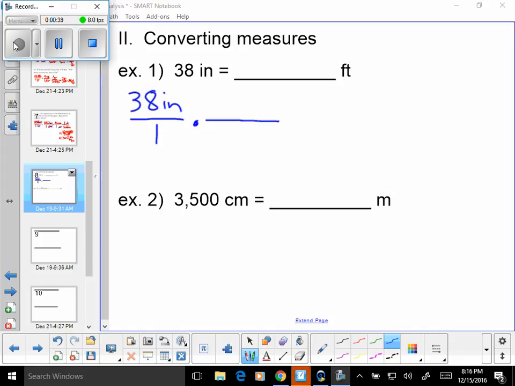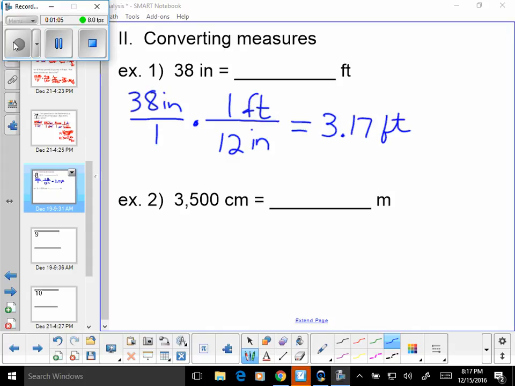And if I am going to cancel or undo the inch, I'm going to want it in a denominator position. So 1 foot is 12 inches. 38 divided by 12, we round off 3.17 feet.